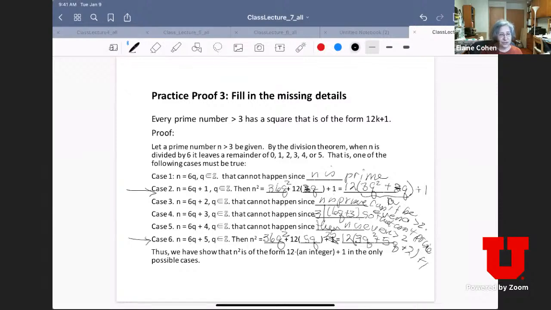You can divide by anything, but this is the case that is easiest to show because you're saying something of the form 12K. And you say, well, why don't I then divide by 12? Because if you divide by 12, you're saying the square has a 12K in it. So you can divide by anything. You just have more cases to show if you divide by 12.